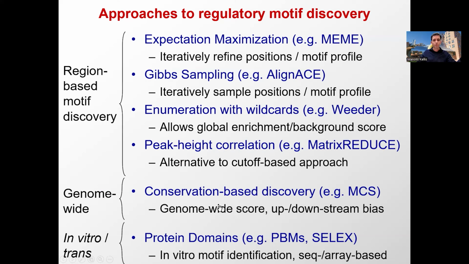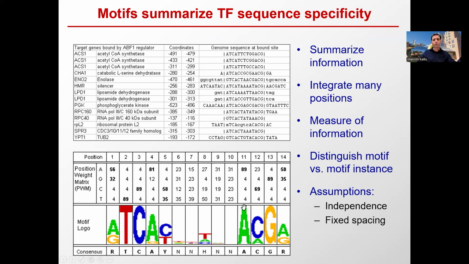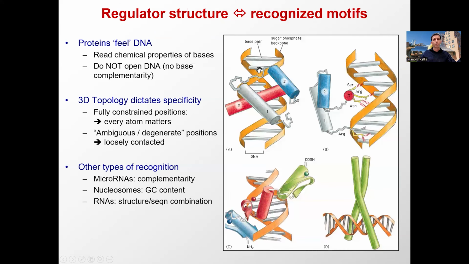You can use evolutionary conservation, and you can also use information about the domains of the corresponding proteins. You could say, well, this is a helix loop helix domain, or this is a zinc finger domain. And then there's specific patterns of sequences that can be associated with the binding of the corresponding protein structures. Everybody with me here? Awesome.